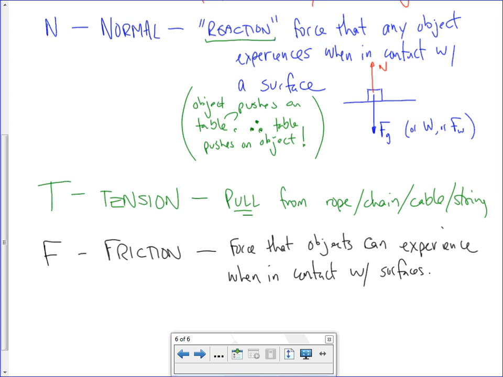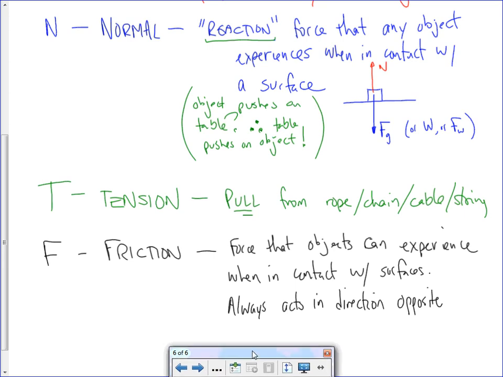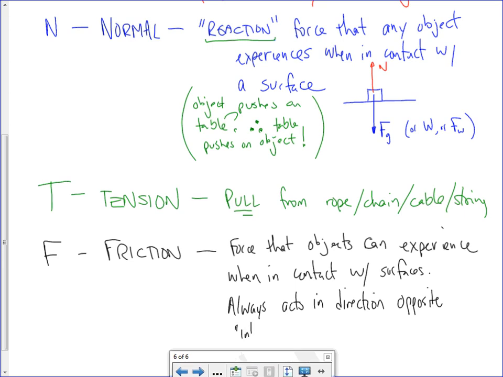But I will say it always acts in the direction opposite intended motion.